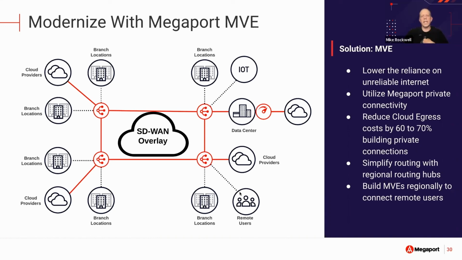So if we look at adding remote users, it also gives you a strategy to bring that edge of your network closer to those remote users, where you can utilize some of those zero trust network access services that you'd see from those SASE applications.